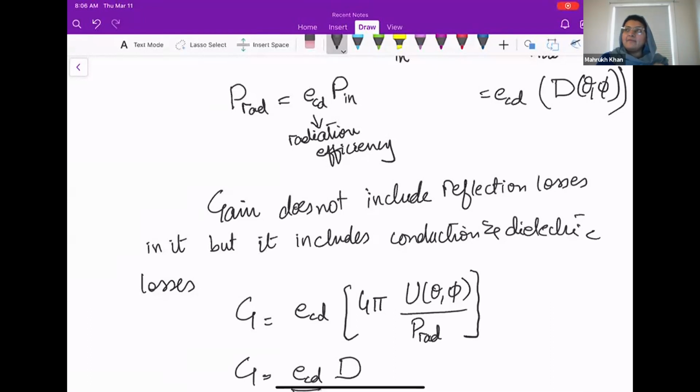But once you have a practical scenario where there are losses, then your radiated power, the power that is radiated, or that is what you should say is useful, is not equal to your total power or input power. So we are not restricting it towards RMS or whole power, but we are just saying that it's just total power we are talking about. So it could be RMS, it could be any power, but if we incorporate the losses, it will become gain.